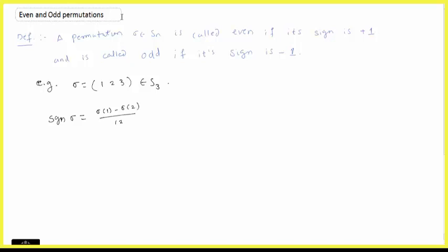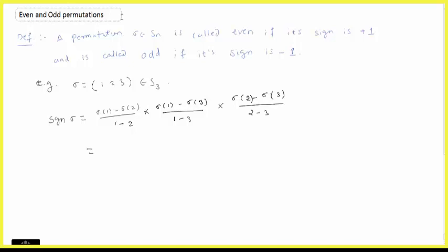This is a continuous product of all such symbols, into sigma of 1 minus sigma of 3 divided by 1 minus 3, into sigma of 2 minus sigma of 3 divided by 2 minus 3.